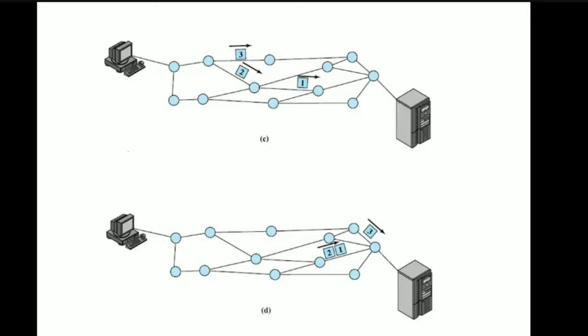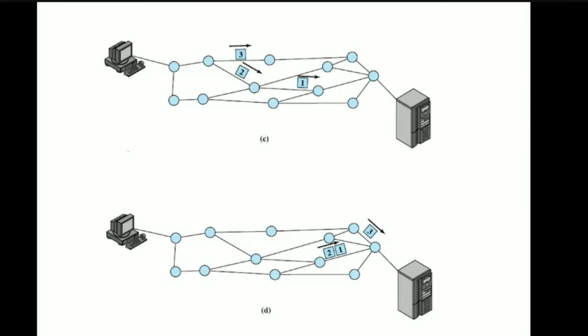In this example, the exit switching node which is connected to the station restores the packets to their original sequential order. The original sequential order is 1, 2, 3. At the receiving, last switching node, the packets may come out of sequence, so this exit node restores the packets to their original order before delivering them to the destination.